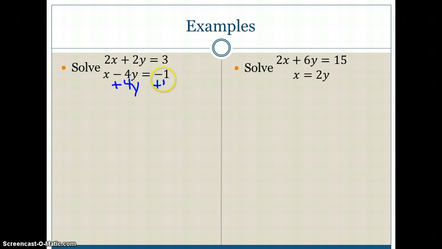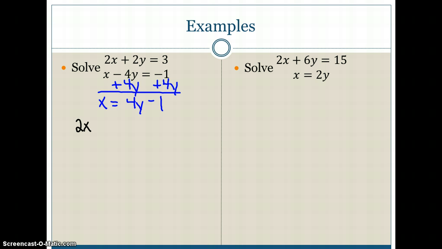That means I'm first going to have to add 4y to both sides of the equation. So that leaves me with x equals 4y minus 1. So this is going to go back into the top equation.